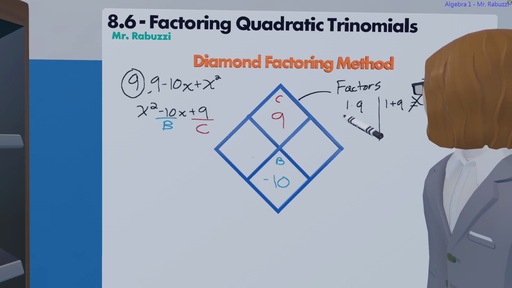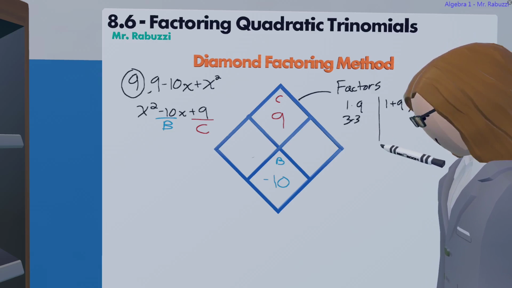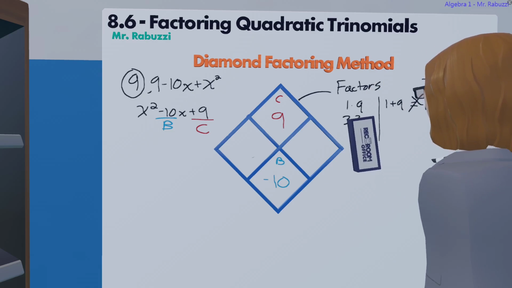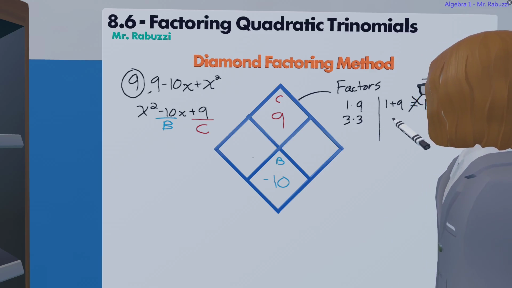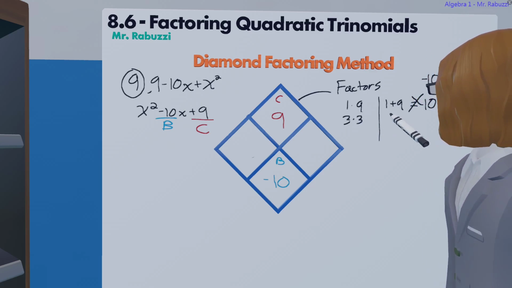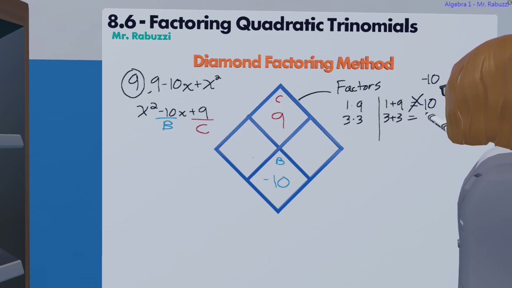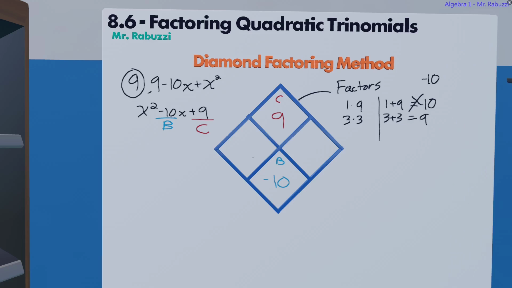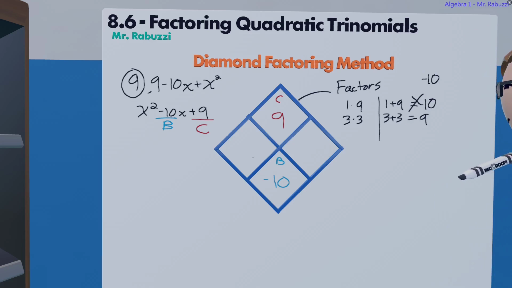Okay, what about 3 times 3? 3 times 3. Okay, that's 9, but what about 3 plus 3? That equals 6, which is not -10. We want -10 when we add them up.